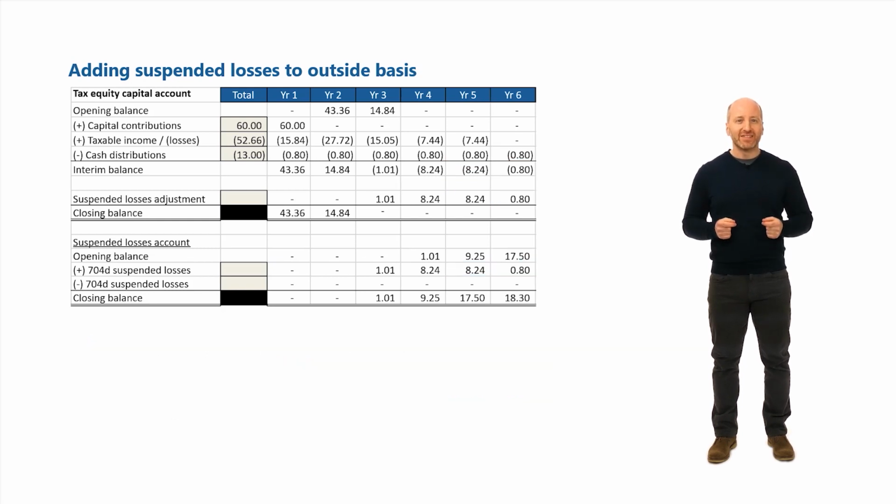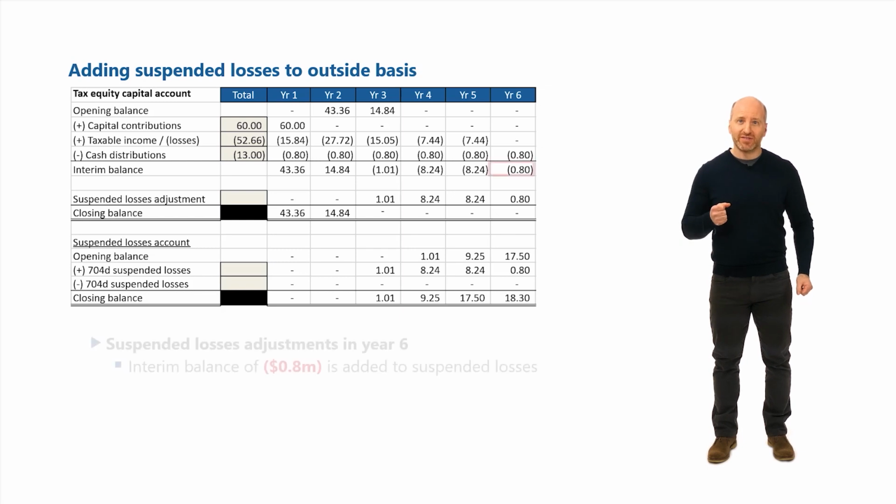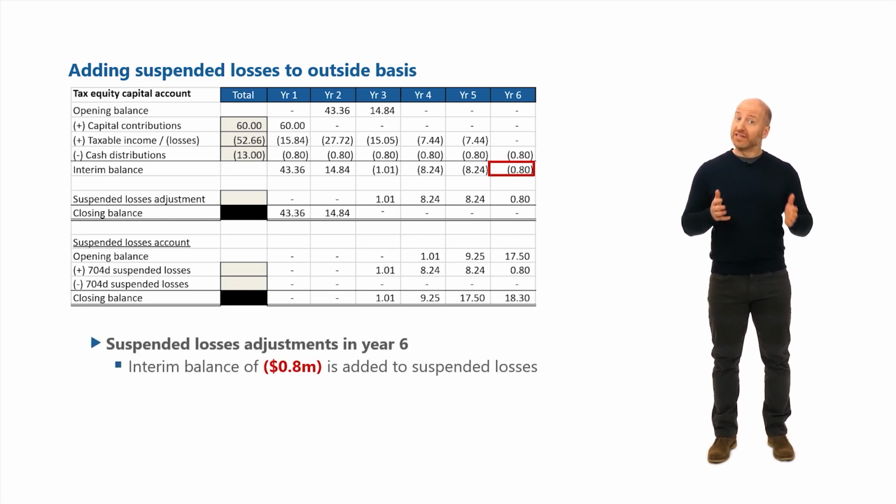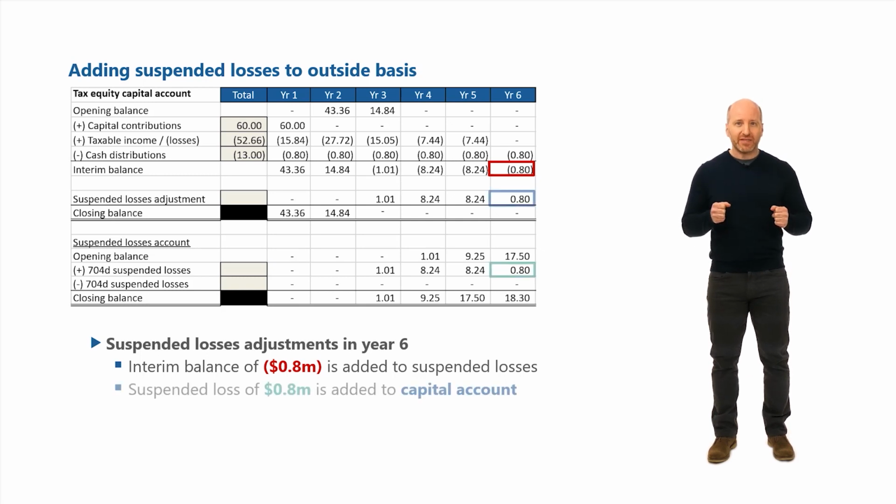And we're continuing to meet those rules that David described on keeping our balance 0 or positive. So now in year 6, we will start with an opening balance of 0, and the losses in this year have been reallocated to the sponsor, so we only have the 0.8 million in cash distributions to get an interim balance of negative 0.8 million. And as we still have a loss position in the capital account, we add this 0.8 million to our suspended losses to get a total of 18.3 million.